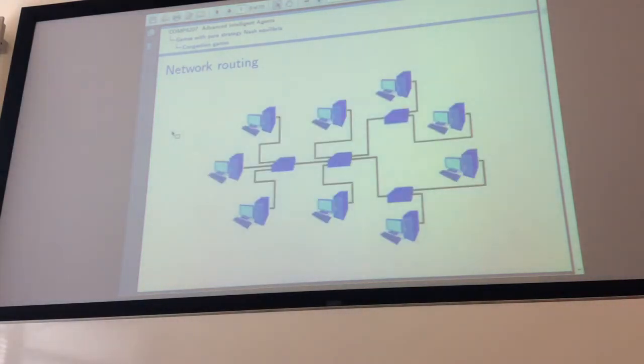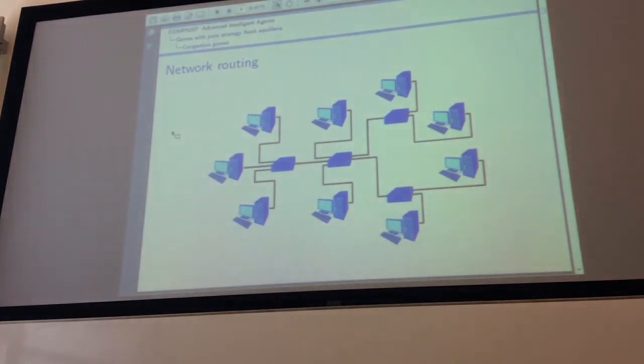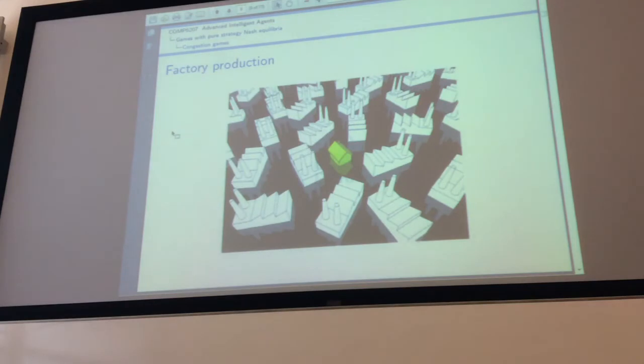So routing problems, or routing in computer networks. When we send messages, the messages can take different routes in the network from one point to another. There are also other applications such as, for example, factory production.